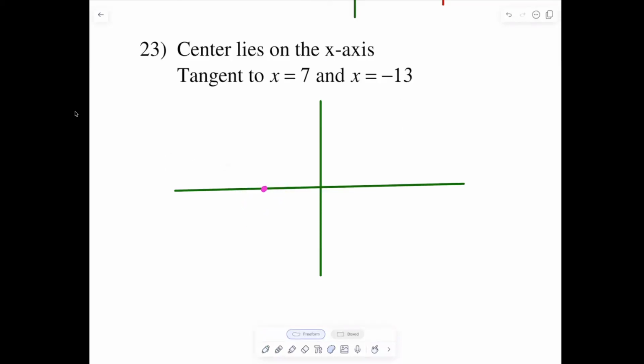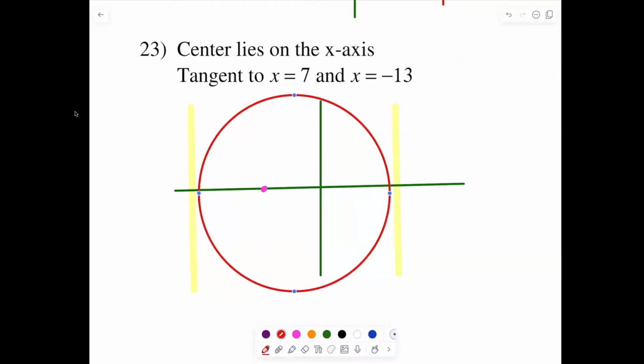So here is x equals 7. And here is x equals -13. So if it's tangent to that, I have to draw a circle that touches both of those lines at exactly one spot.